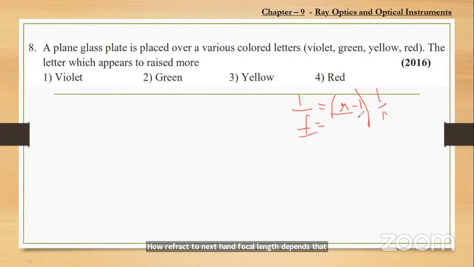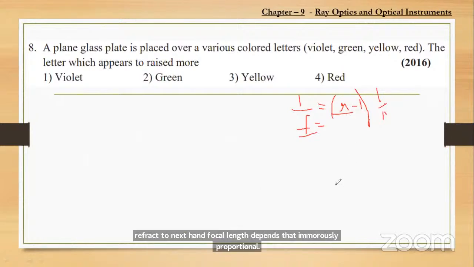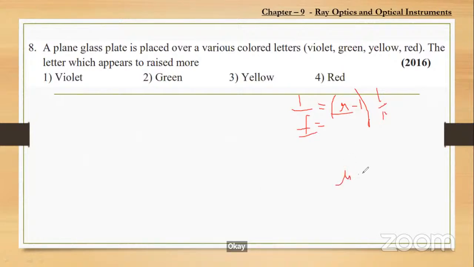And how do refractive index mu and speed depend? The speed in the first medium is c, and the speed in the second one is v. What will be the value of wavelength then? Wavelength is also v is equal to f lambda, so frequency stays the same and there is no change in it. Now observe here: if the wavelength is larger, what happens to the refractive index?